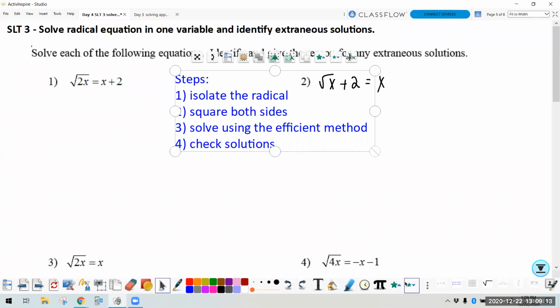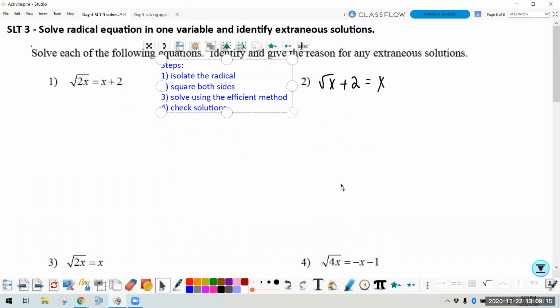All right, so here's our same 4 steps. Step 1, isolate the radical. The square root is by itself on one side of the equal sign. Step 2, square both sides. The square root squared becomes just the argument, the 2x.